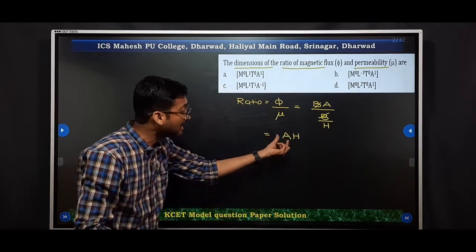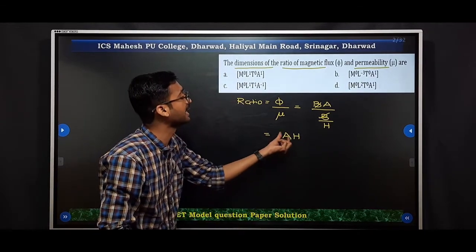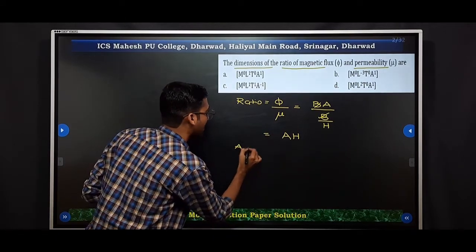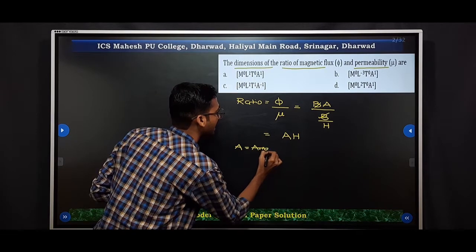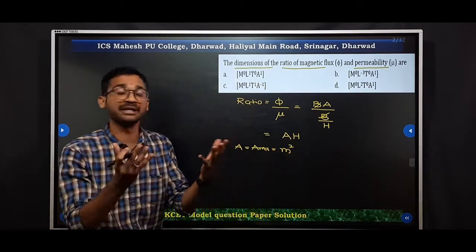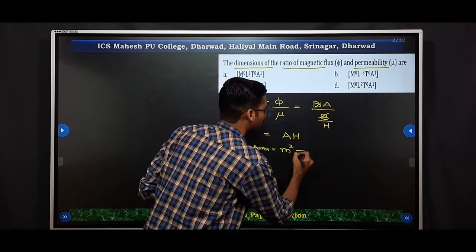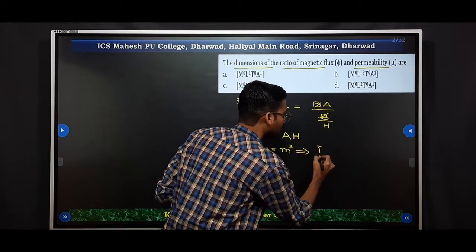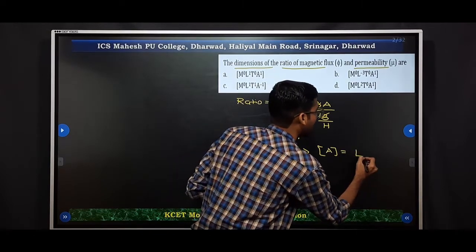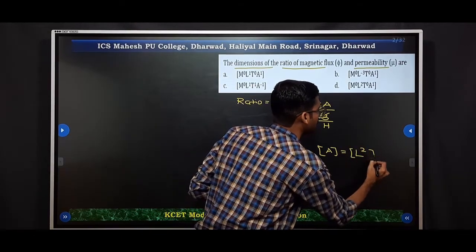Therefore, let us write down the dimensions for A and H one by one. Where A defines the area, that is measured in terms of meter square. Therefore, for this one, we can write the dimensional formula as L raised to 2.